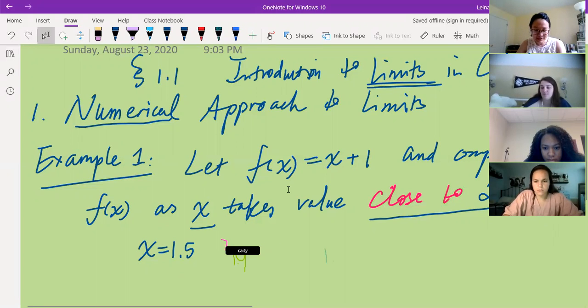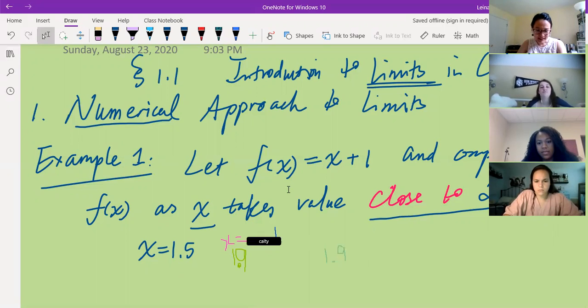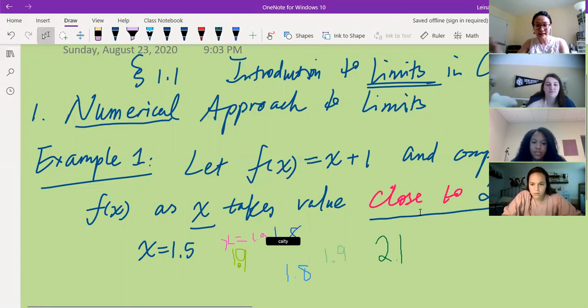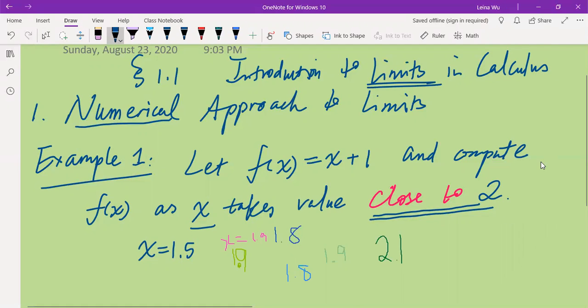I see Michaela's 1. Okay, I see Katie's 1.9. Keep going. I see Rai 1.8. Okay. I see Emma 1.8. Any other values? Monica 2.1. Okay, now let me emphasize one more time. It is close to 2.